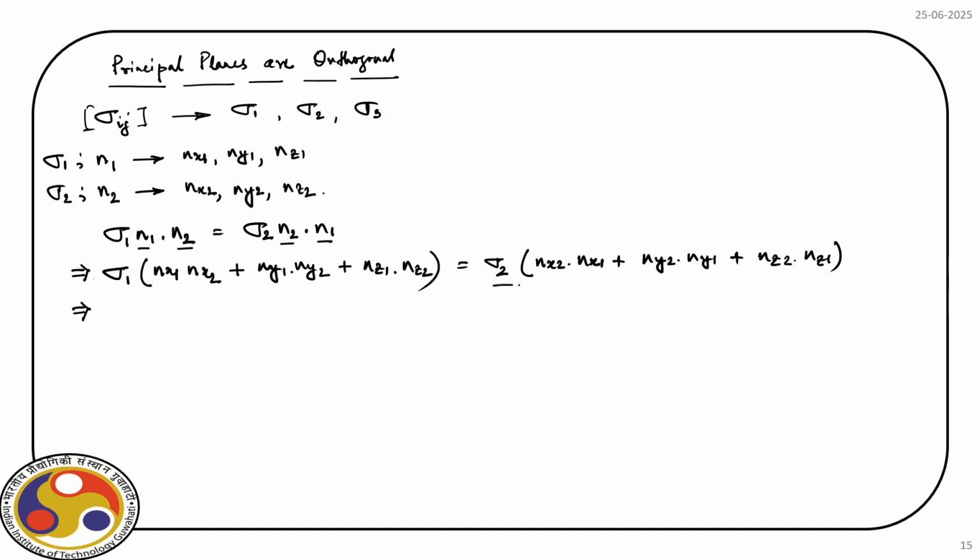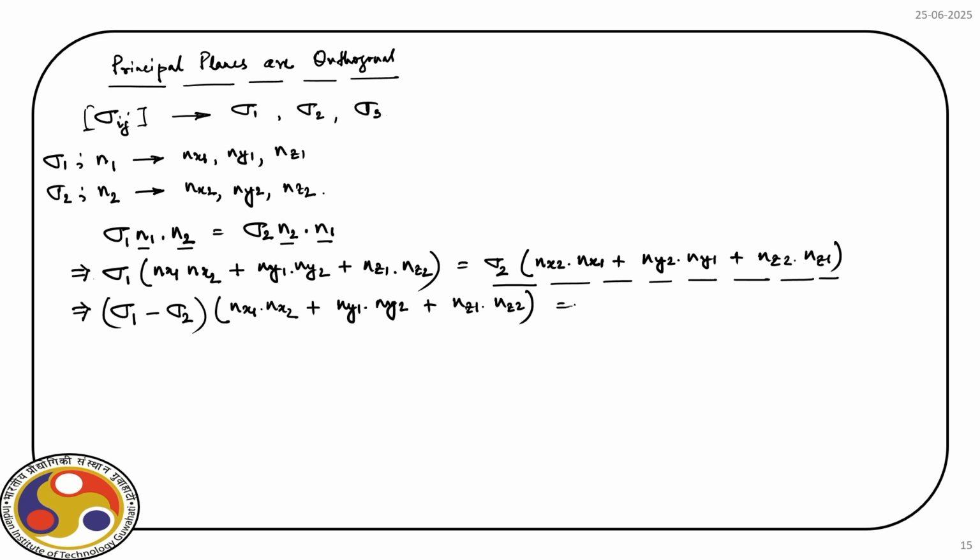Now, if we bring all of them to the left hand side, we have this bracketed term common. So, we have sigma 1 minus sigma 2 times, within bracket, nx1 nx2 plus ny1 ny2 plus nz1 nz2, and this is equal to 0.